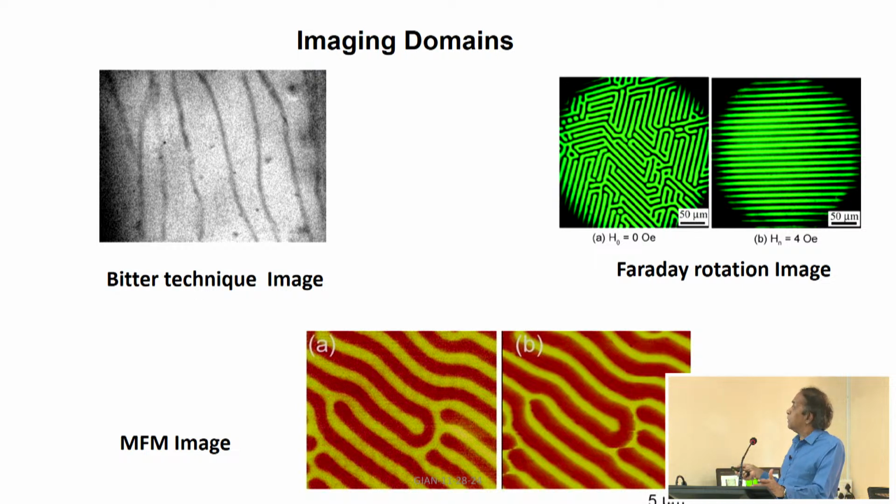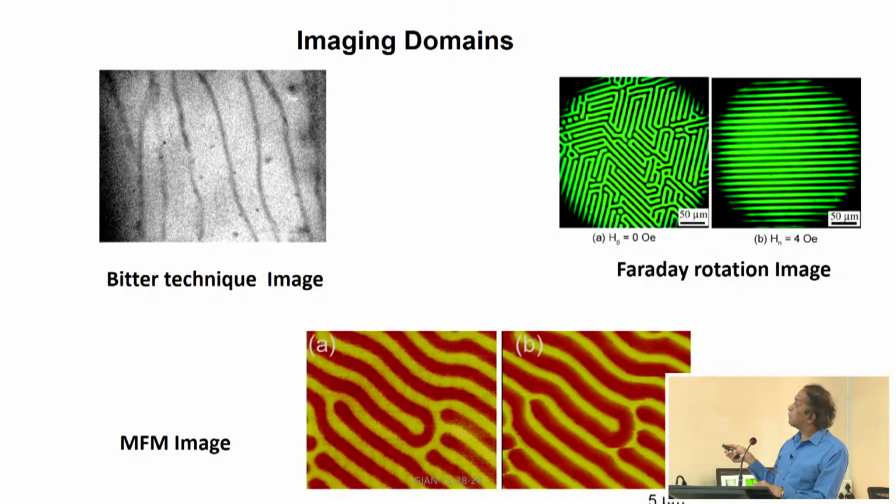The Faraday rotation imaging is similar to Kerr effect, but you look at the domains in the transmitted light. You allow light to go through your thin film sample, because the film has to be transparent for it to work. Then you look at the light transmitted with a polarizer. So, depending on the grain orientation, there will be a change in the angle of polarization, and that would show up as domain structure.